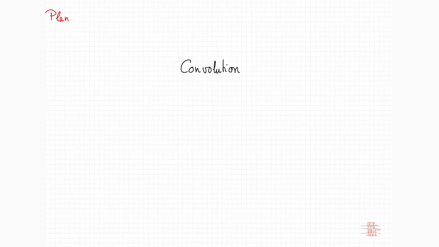So the plan is the following. I think a central concept which appears both in geometric representation theory and motives is the concept of convolution of cycles, which is a generalization of composition of functions. So I want to start by talking about this elementary concept of convolution.